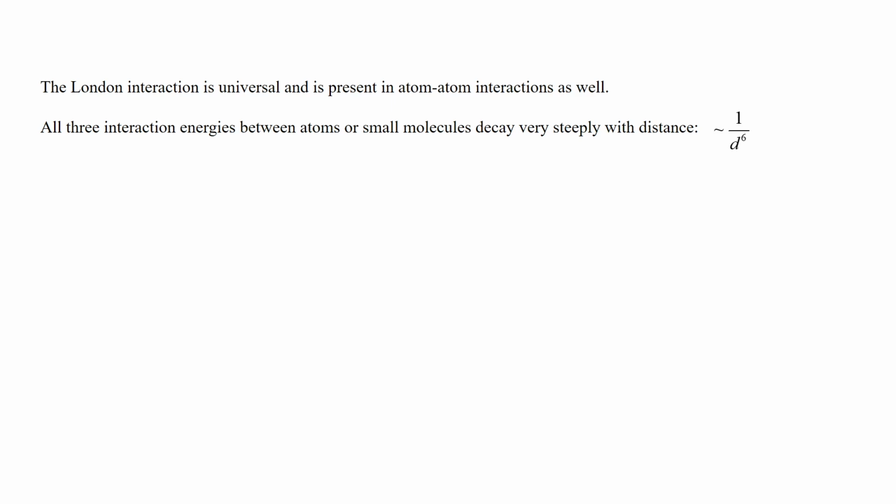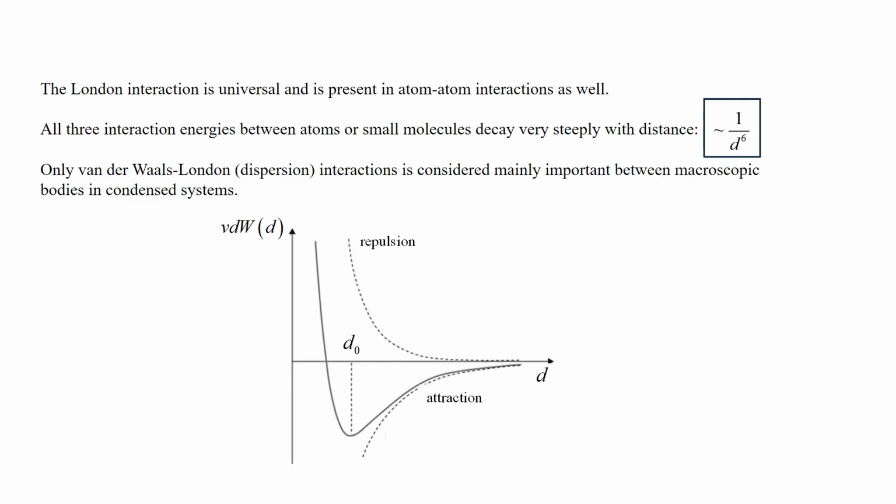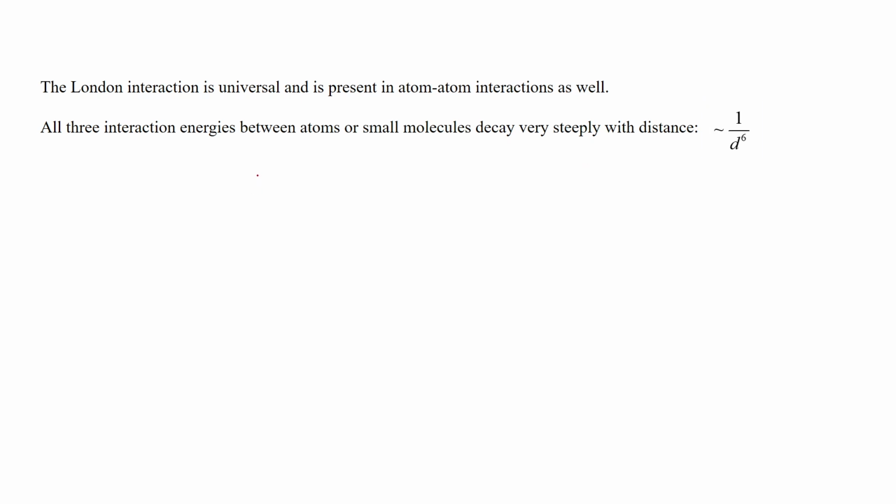Now, in all these three interactions, the energy between atoms or small molecules decays very steeply with distance. That means they are essentially very short range interactions. Let me just draw it. Let us say this is the van der Waals interaction energy, and this is the distance d.